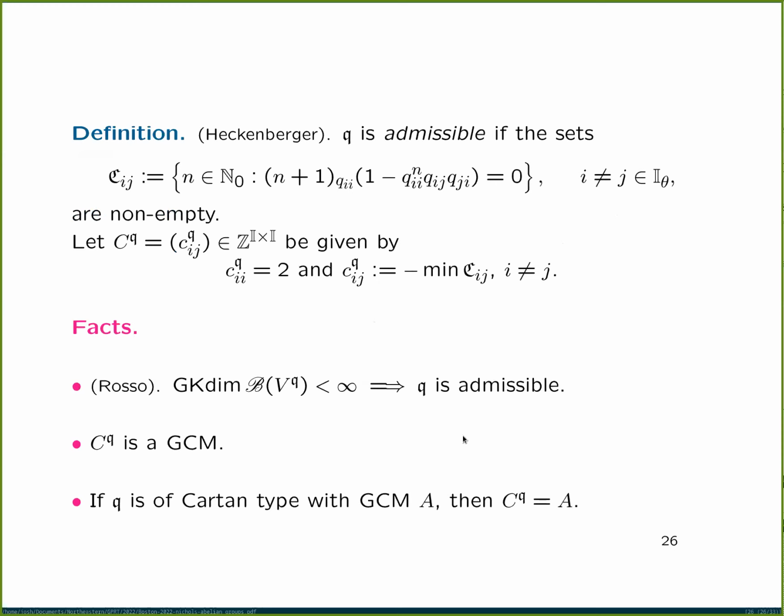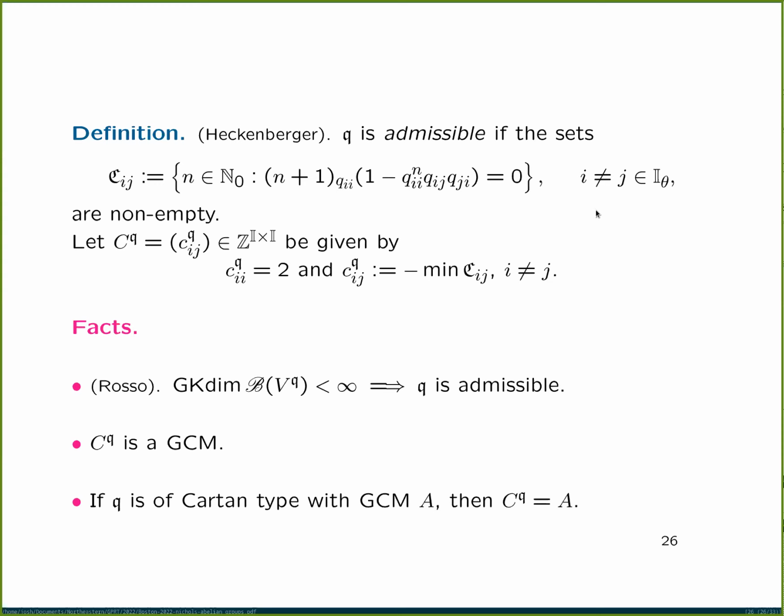Okay, now comes the difficult part. Given a matrix q, and given a pair of indices i and j, I will consider the family C_ij, the set of integers n such that this is zero. So this is the q-number (n+1) in the root q_ii, and this is 1 minus q_ii^n q_ij q_ji.